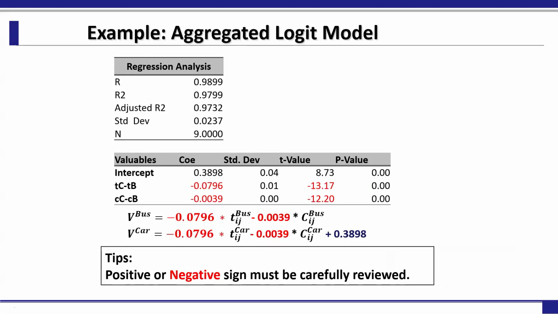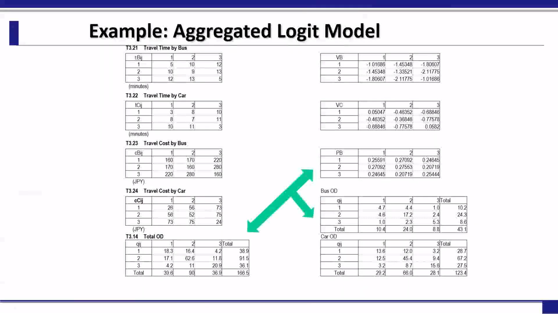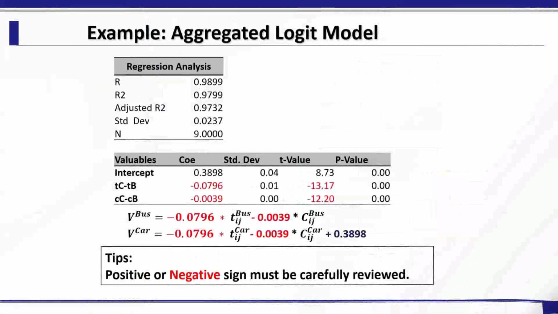This one is the aggregation values, from the regression analysis also. The intercept, travel time, and travel cost parameters are estimated using Excel. Then the negative sign: the positive or negative sign of the parameter must be considered carefully.